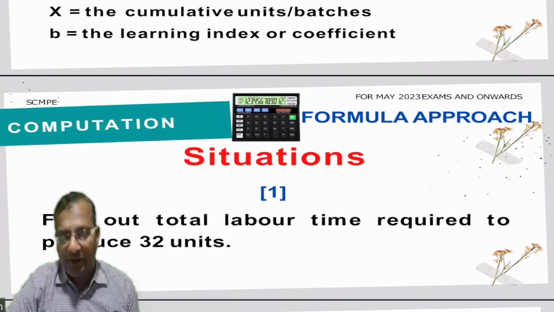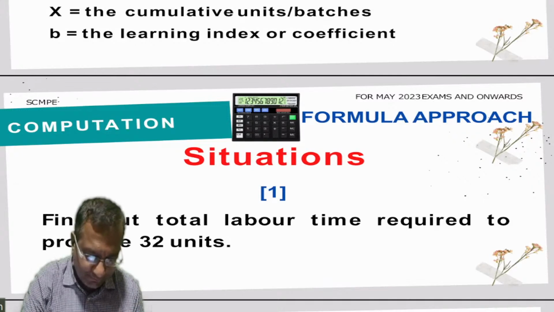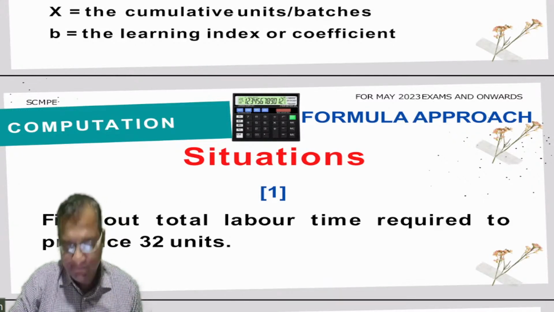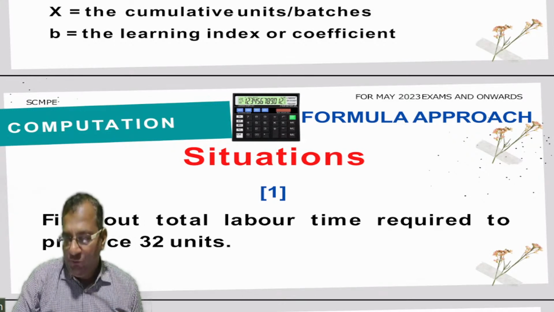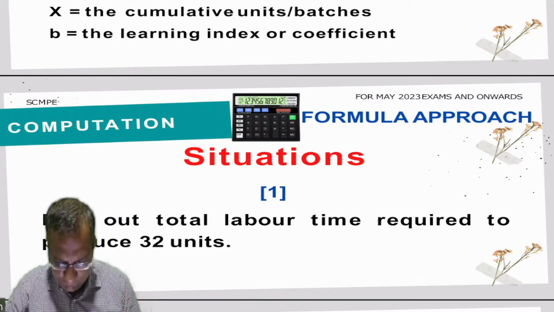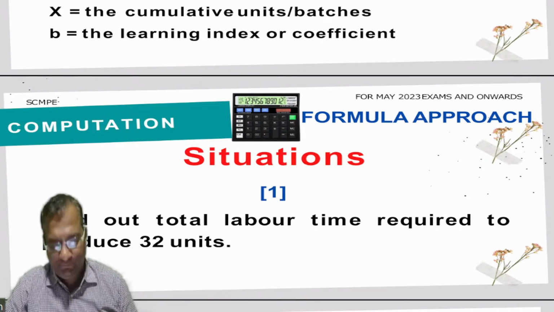to produce 32 units. Please write in the copy, beta. Step number 1.